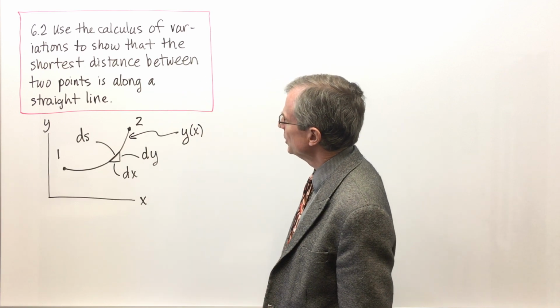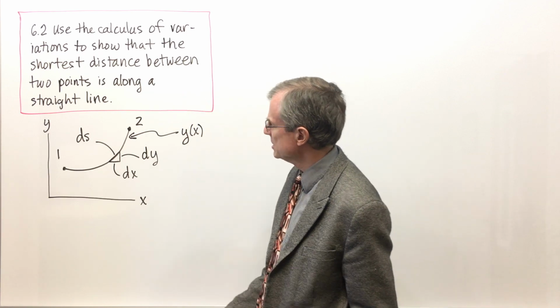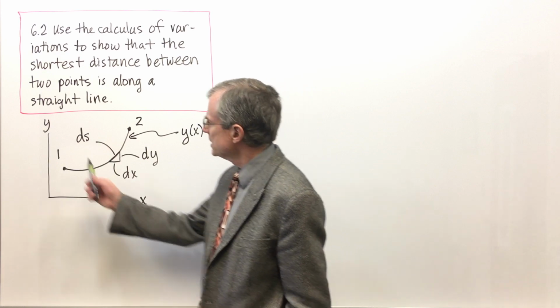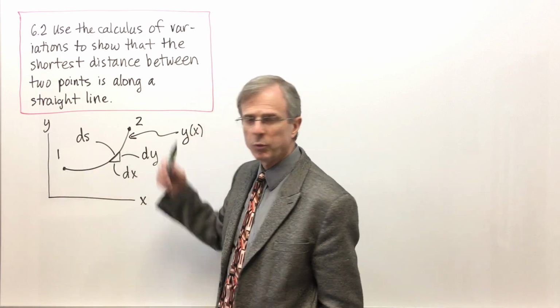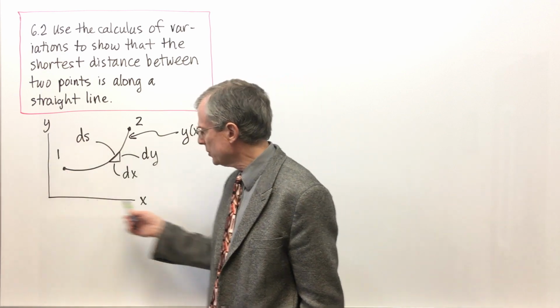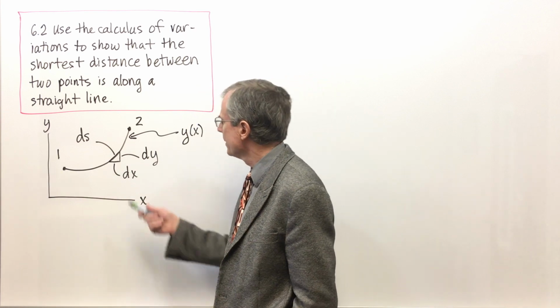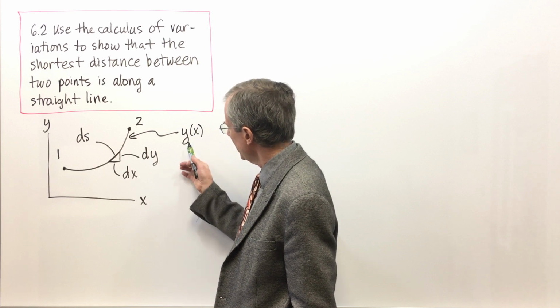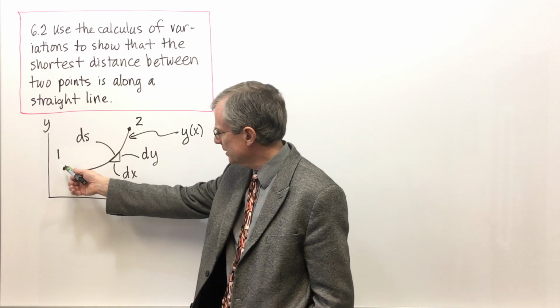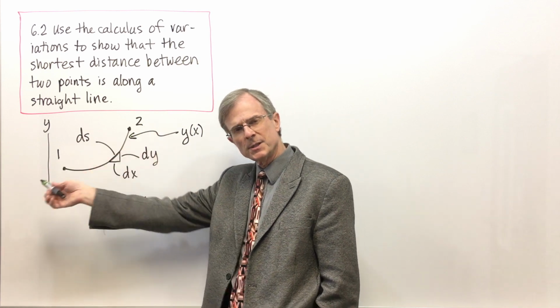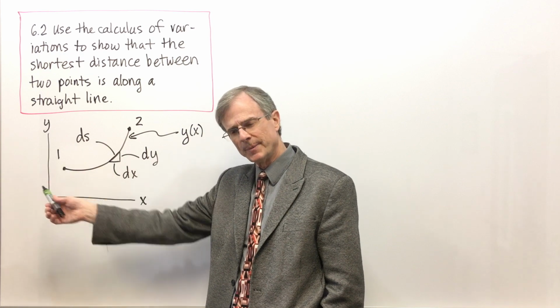So we're going to try and show that the shortest distance between 2 points is along a straight line. Let's say our 2 points are point 1 and point 2. And we have those in a plane, y is a function of x, Cartesian coordinates. And I have some function y of x that describes this path that I'm going to take from point 1 to point 2.